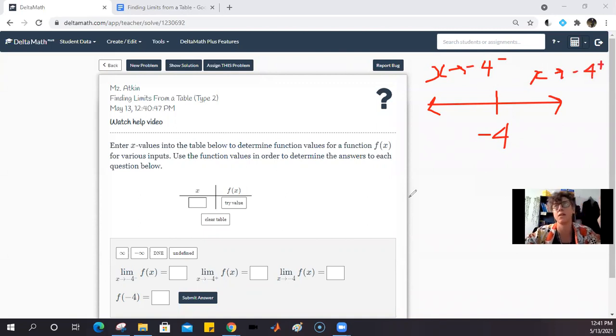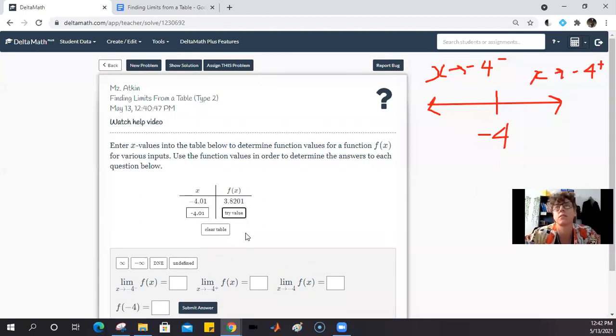So if I want values that are approaching -4 from the left, that means a little bit more negative than -4. So we're going to want things like -4 point, nope, more negative, right? Let's do -4.01. What do we get? All right, 3.82 something.